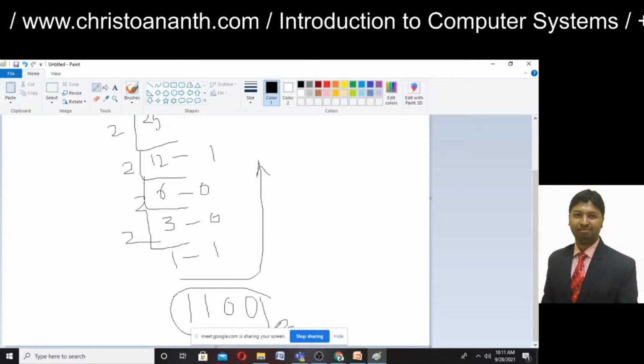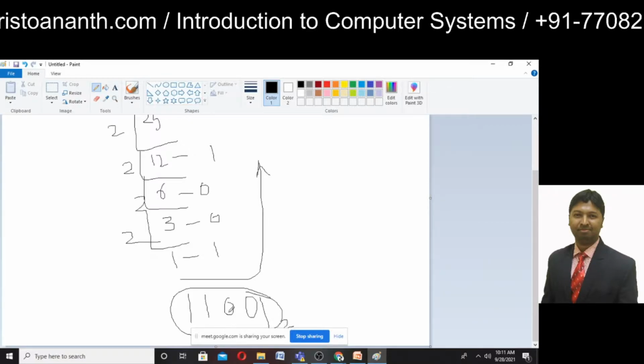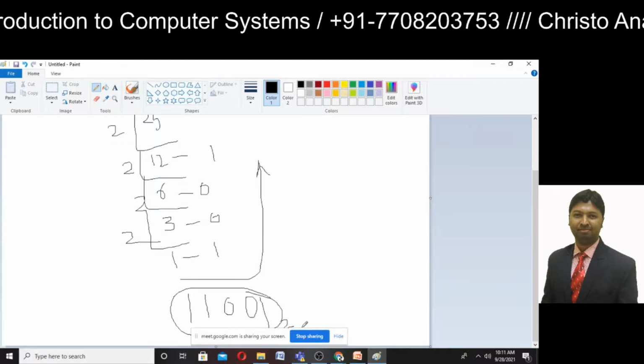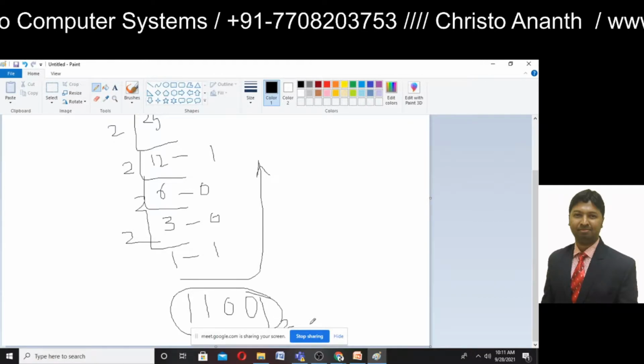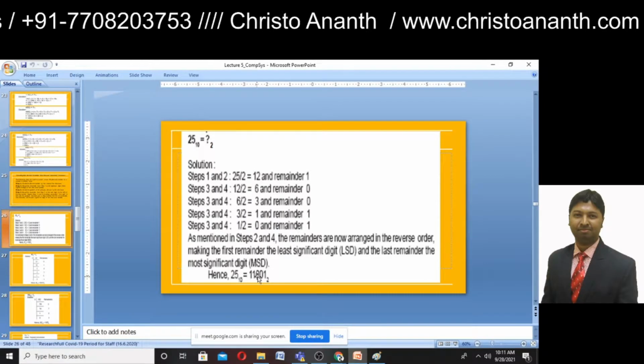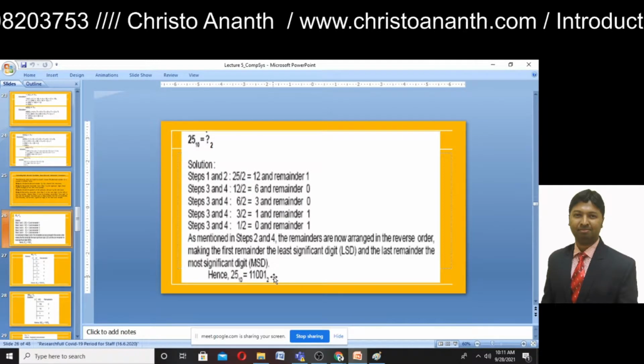You shouldn't simply write one number; whatever you write, add the base 2. So the value is 25 to the base 10 equal to 11001 to the base 2.